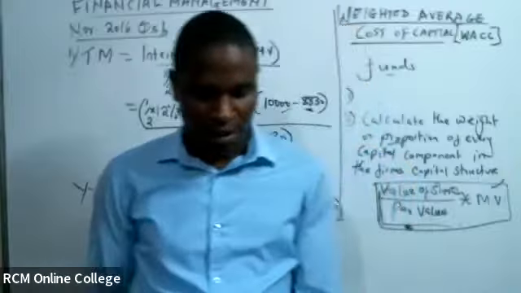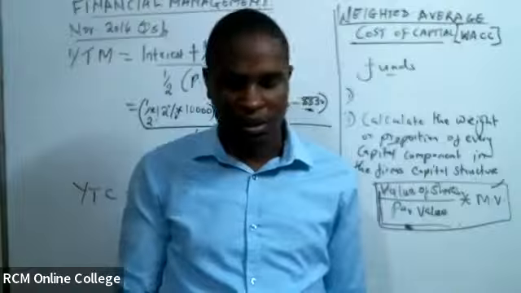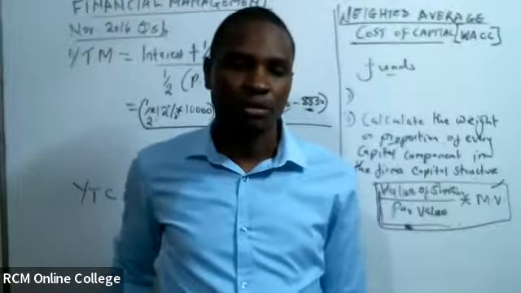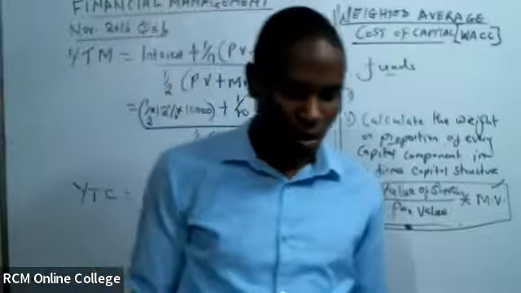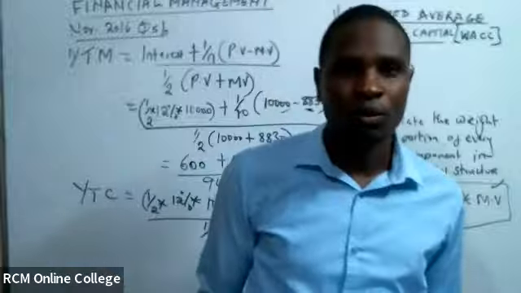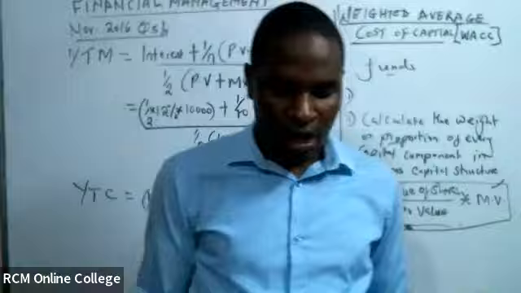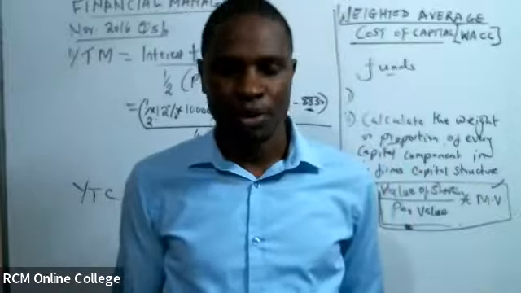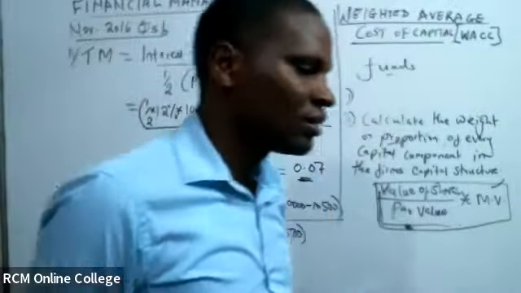Say that WCC is the weighted component cost. So class, we can go to the last step, step number 4, which tells us to sum up the weighted component cost, that is WCC, to get WACC.